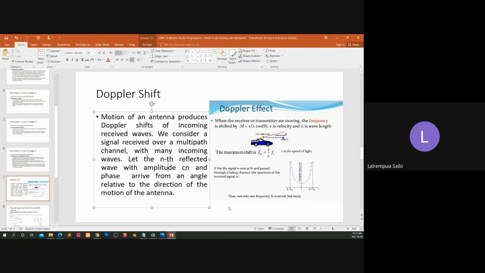Thus not only one frequency is received but many frequencies. This also differs depending on whether it is moving away from the tower or towards the tower.